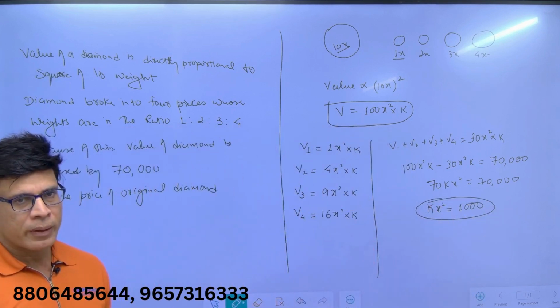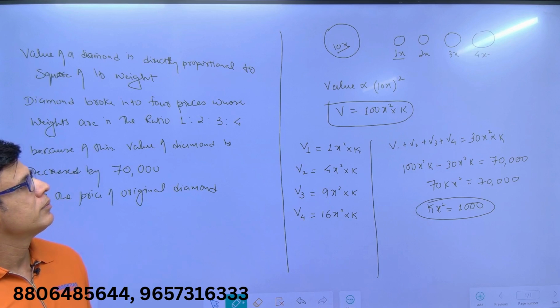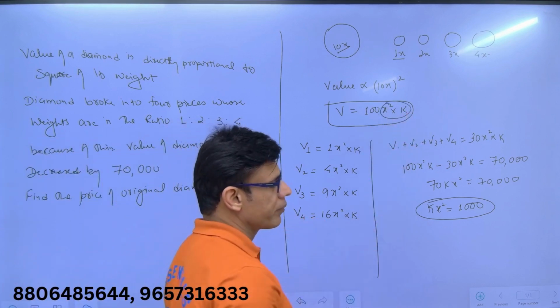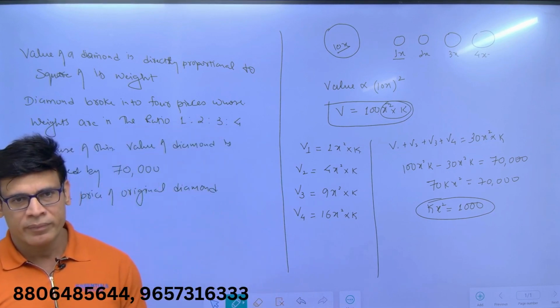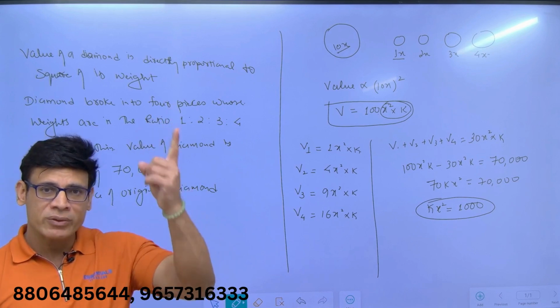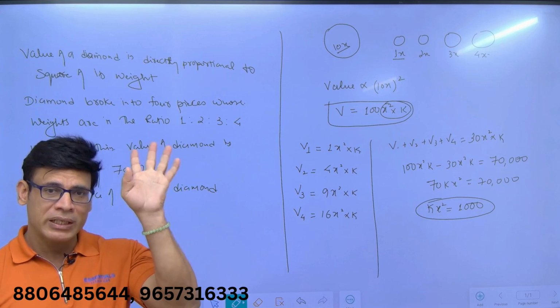Yes. You are supposed to find out what? What is the original value? 100 into kx square. And what is the value of kx square? So 100 into 1000, 1 lakh. So 1 lakh was the value of the original diamond ka piece.